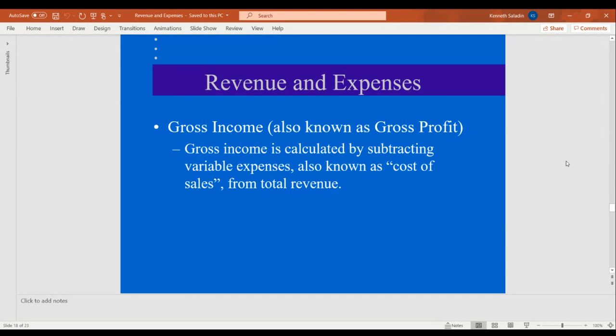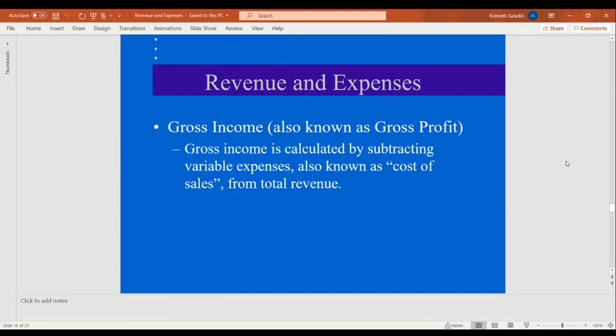All right, so there are some terms that we need to define, some numbers that we need to be able to work with if we're going to continue our understanding of basic business ideas. One concept is called gross income, which is also known as gross profit, and it's calculated as follows.